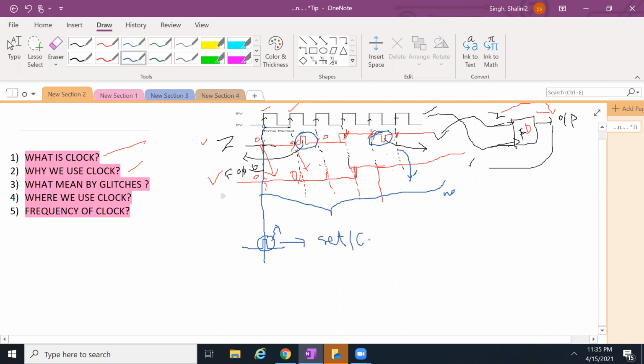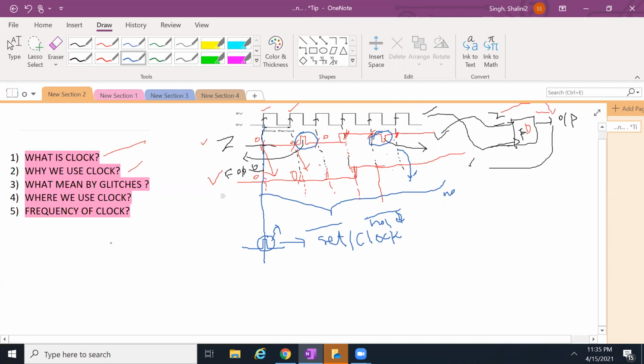I will make a video later for this. So we'll see setup and hold time. So generally we keep a margin before the edge of the clock and after the edge of the clock, and only then do we take the input, considered at a particular point. Okay, so we can remove the glitches like that.